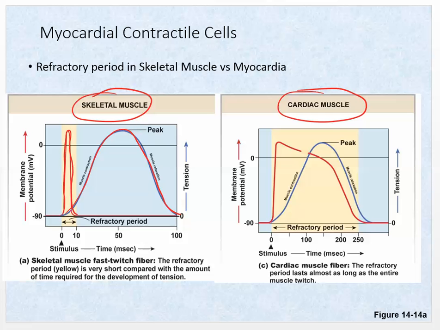That's just like a snap: sodium in, potassium out, done. The muscle contraction itself, because you have to go through bind troponin, tropomyosin, myosin walks along the actin, all that stuff takes a little while. So for skeletal muscle, you're ready for another one right here. There's your refractory period. So I'm good to go for another contraction.